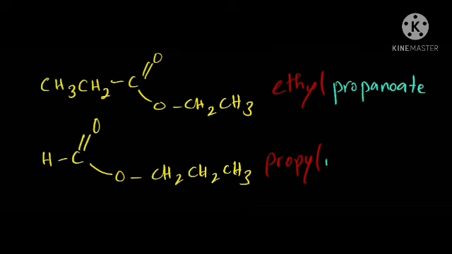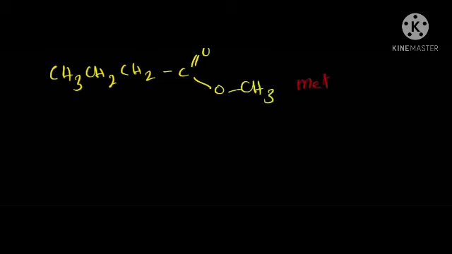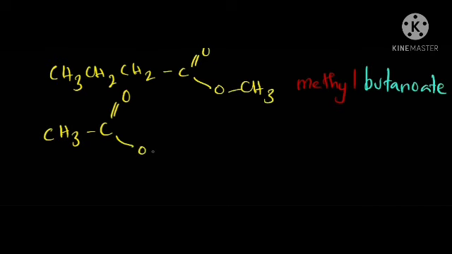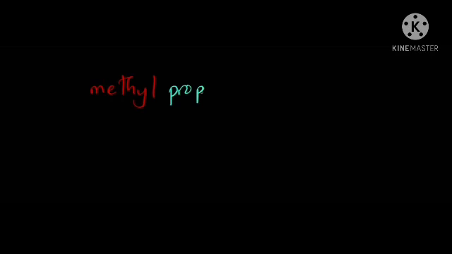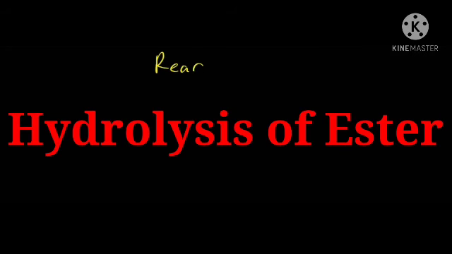This is propyl methanoate, and we have CH3CH2CH2C double bond O OCH3, that is called methyl butanoate, and we have CH3C double bond O OCH2CH2CH3, that is propyl ethanoate. So accordingly, the name of the compound given to us in this question is methyl propanoate. Now it's pretty safe to move into the reaction part of the question.